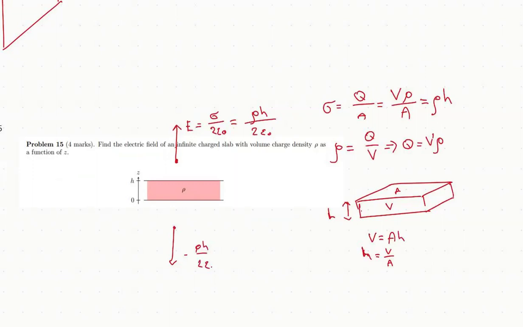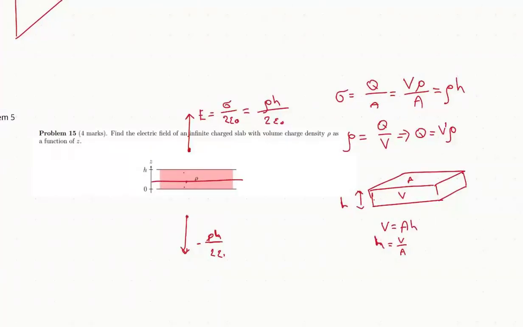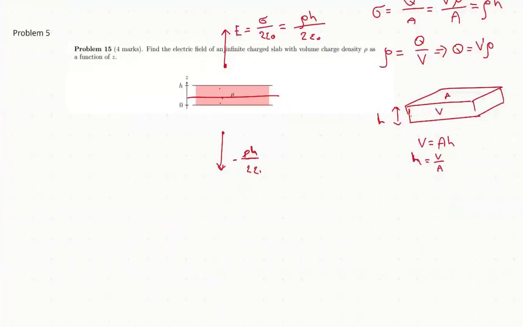You can actually stop here, because if you are in the middle, you have charge above and charge below, and they're proportional. So you can just draw the z-axis.